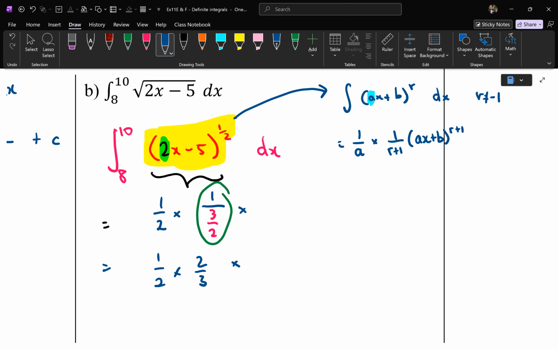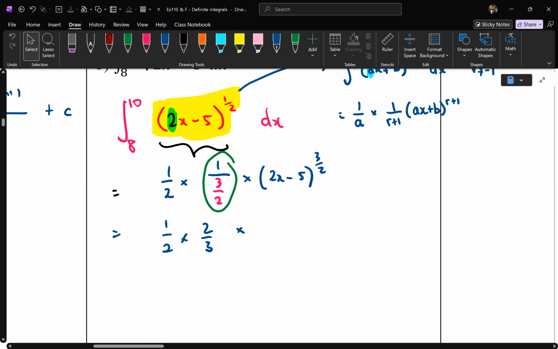Next bit. So I've just gone through 1 on a, so 1/2, 1/(r plus 1), which we just did. And now we've got (ax plus b) to the power of r plus 1, which is pretty easy there. We'd write then (2x minus 5) to the power of half plus 1, which is 3/2.